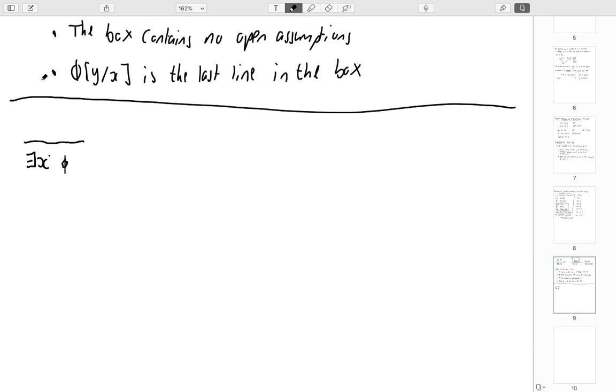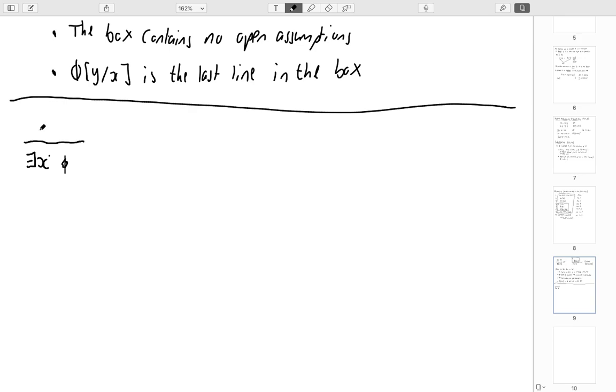If we want to show that there exists an x such that phi holds, the normal way one does that is to show that phi holds for some particular value of x. And how can we describe a particular value? What we've got in the language for describing values, that's elements of the universe, are terms.